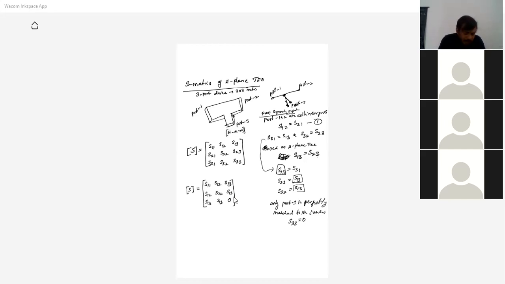First we take the unitary property. What is the unitary property?